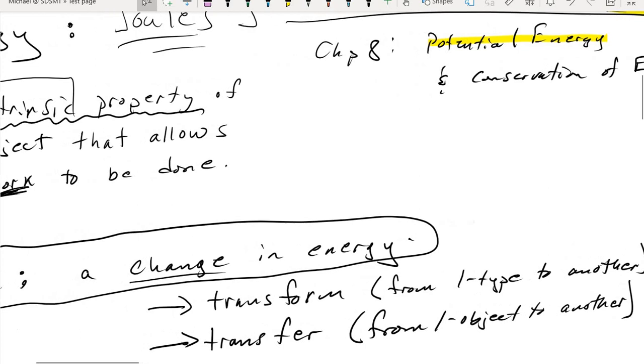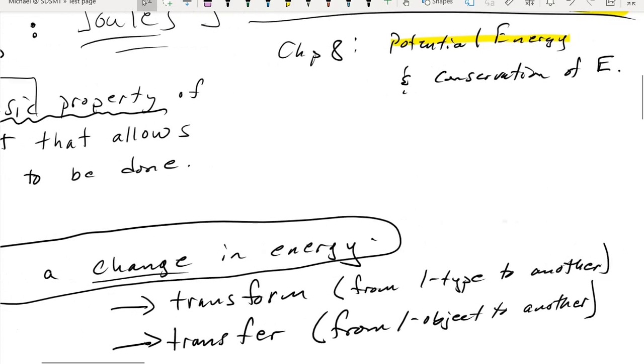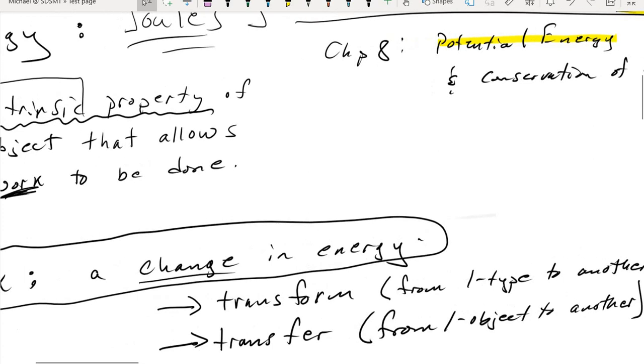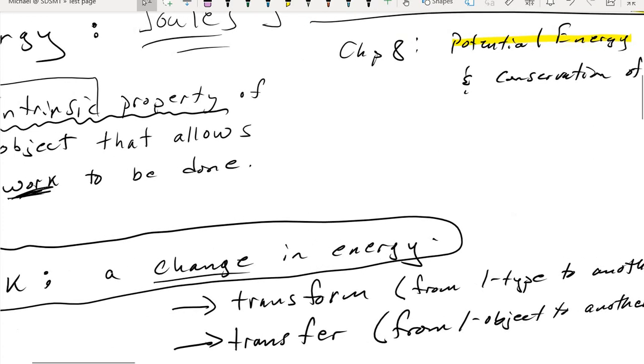The other way that we can change energy for an object is to transfer it from one object to another. And if we transfer energy from one object to another, that means that one object is losing energy while the other object is gaining energy, but that's still a change in energy.